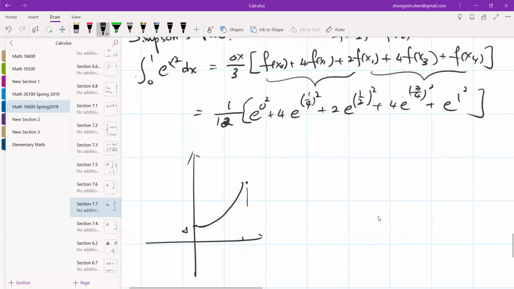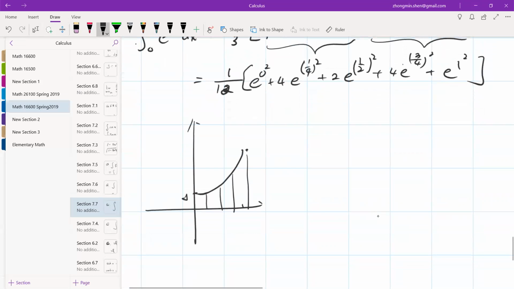Okay, so you have 1, 2. Let's divide it into 4 sub-intervals. So the midpoint, we use the midpoint, right? The integral is going to be the area of the region.